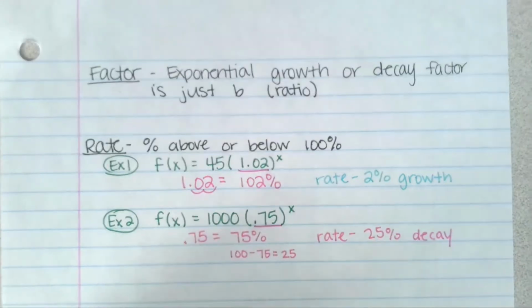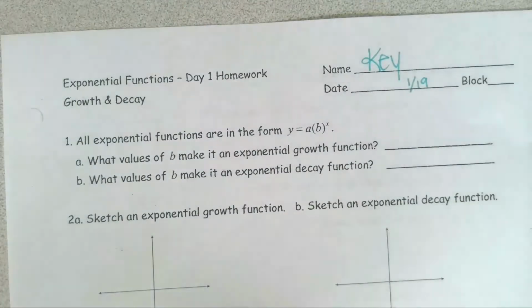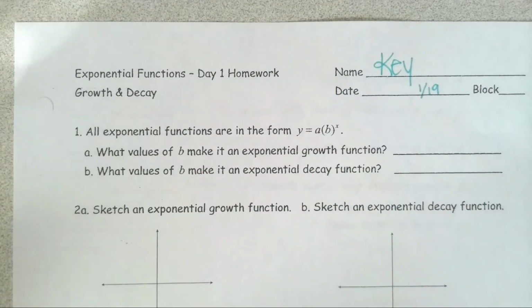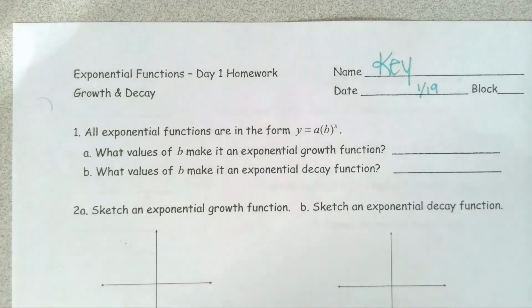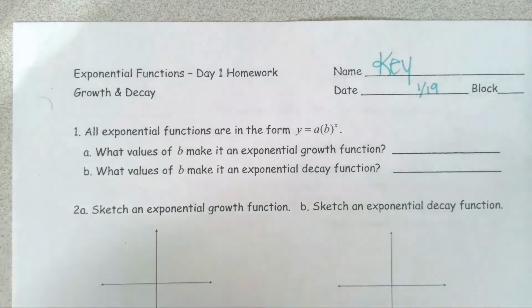Okay, now that we have that, let's look at today's independent practice. So for number 1, all exponential functions are in the form y equals a times b to the x. What values of b make it an exponential growth function?